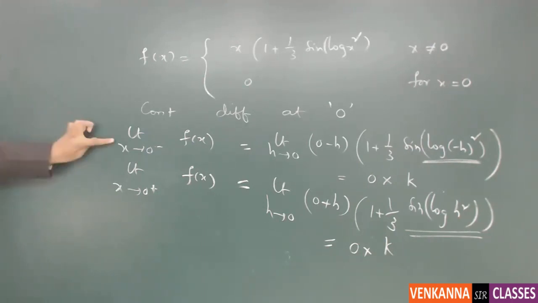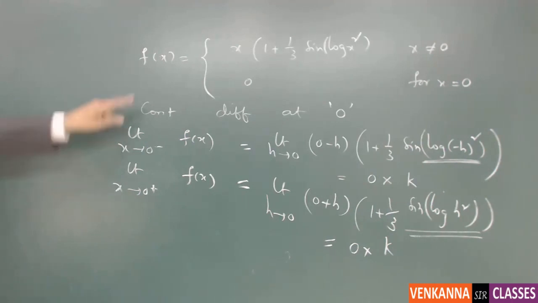Therefore, the left limit value, right limit value and the function value, all the three values are equal to 0. Hence, the function is continuous at 0. Clear? Any questions?